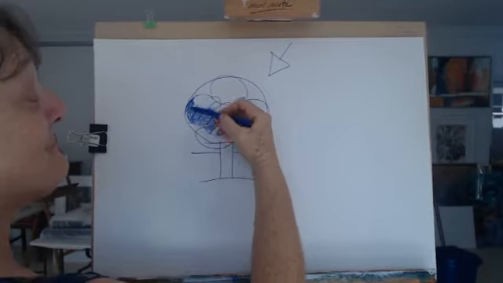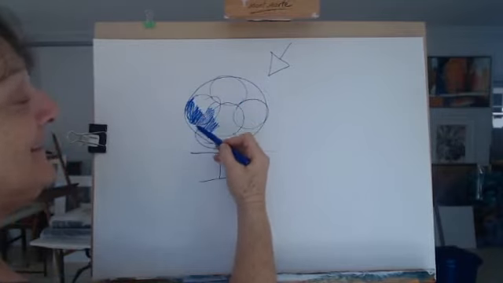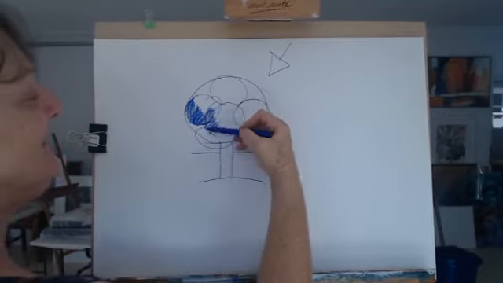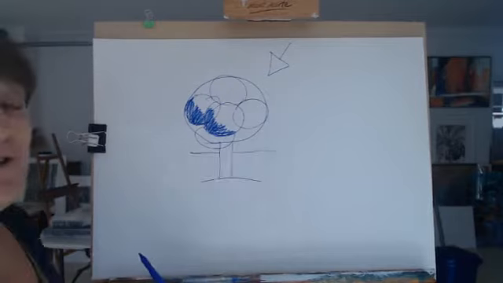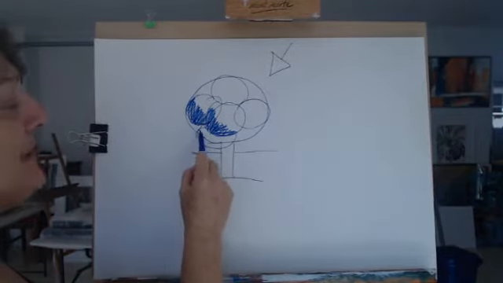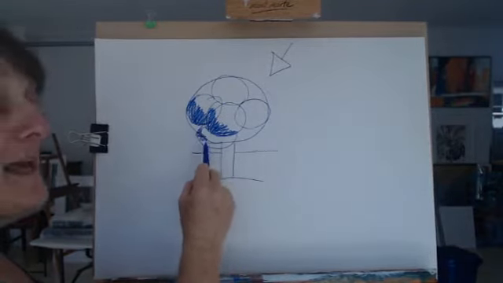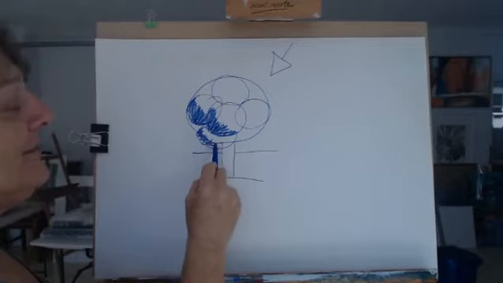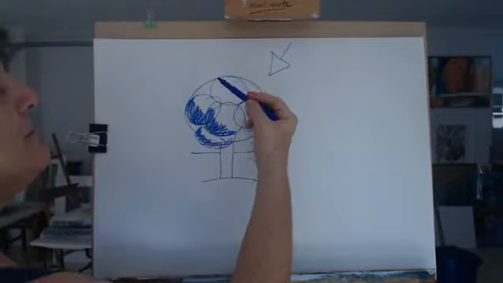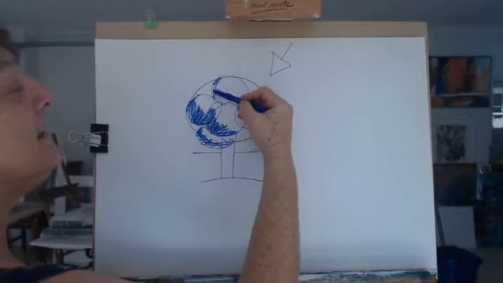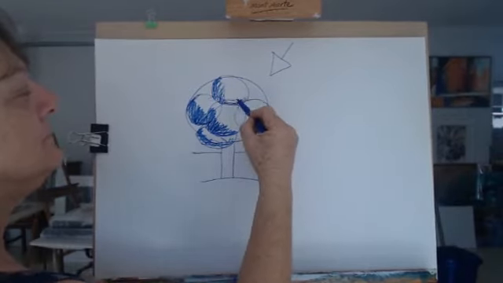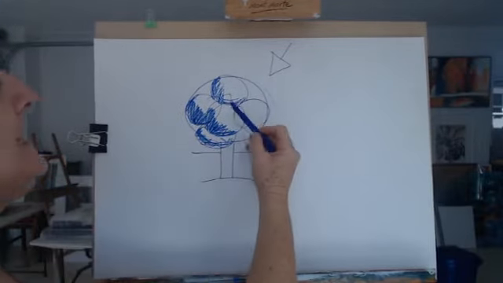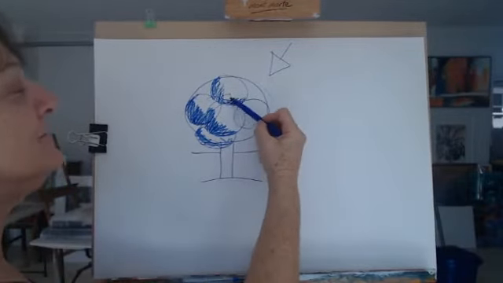So if I was really doing it well, I would help out with the direction of the shading. And if I was doing it even better, I would do some mark making, but this is not a lesson on mark making, but you can see immediately how hopefully this tree is becoming more three-dimensional.